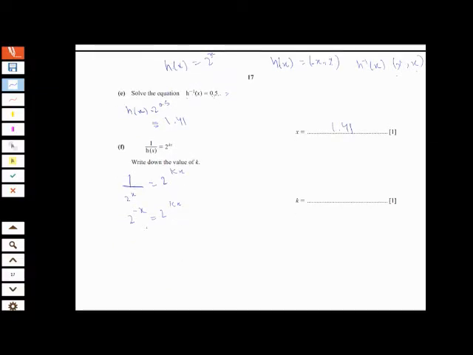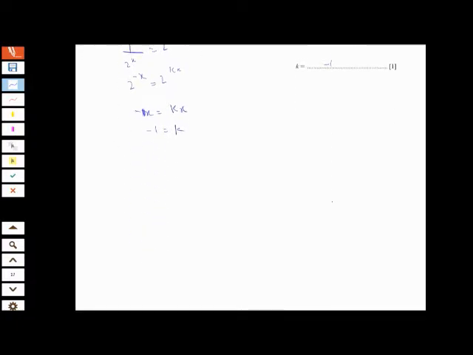So negative x should equal kx. And so you use the comparing method. There should be a negative 1 here, but we don't usually write it because 1 times x is x. So basically negative 1 equals k.